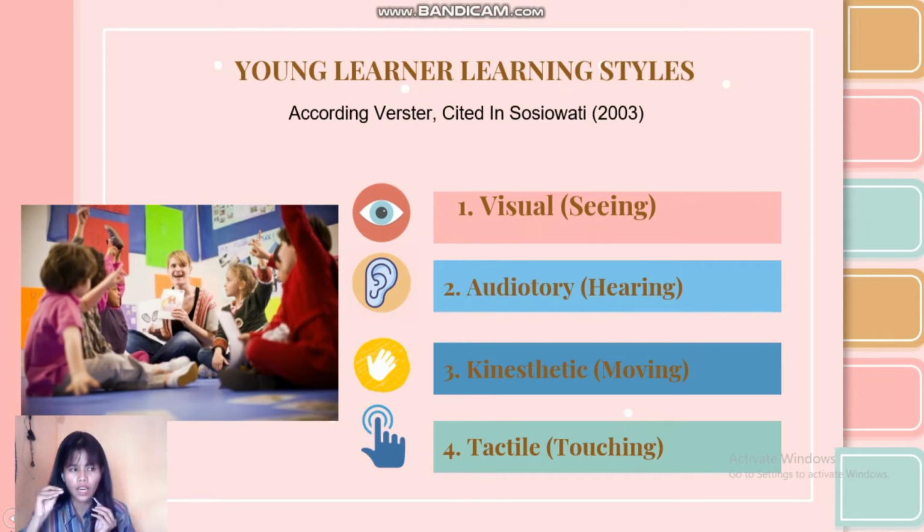So before we teach the young learner, it's better if we know their learning style first, because every learner has a different learning style. So we as teachers can adapt our teaching style to their learning style.